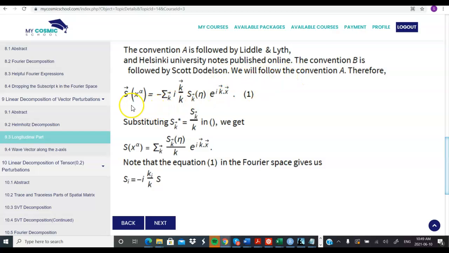But we will follow convention A, where the vector expansion in terms of scalar sk is this, and the scalar potential expansion in terms of sk will be this. So what is si? The ith component of this is, as you can see from here, minus i ki by k sk.